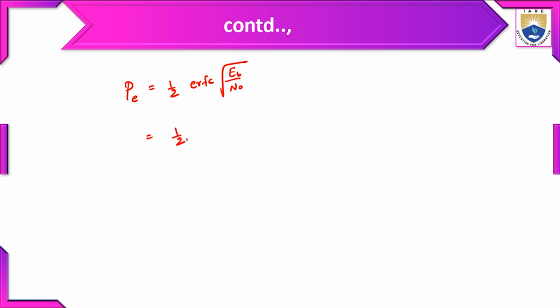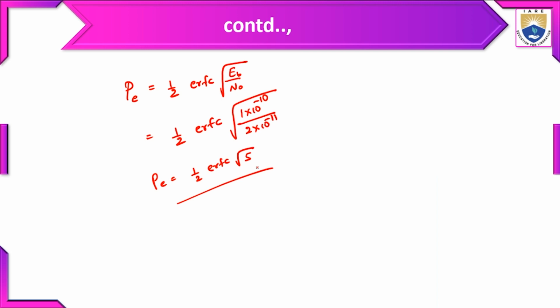So 1 by 2 ERFC of square root of 1 into 10 power minus 10 divided by N naught, 2 into 10 power minus 11. Here I substitute the values, energy per bit and the noise. Finally this is equal to 1 by 2 ERFC of square root of 5. You can find this ERFC of square root of 5 or simply leave it.